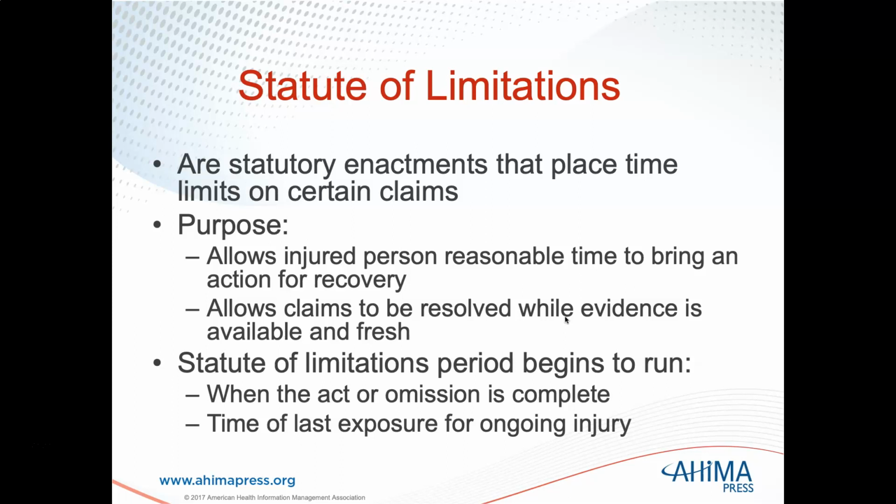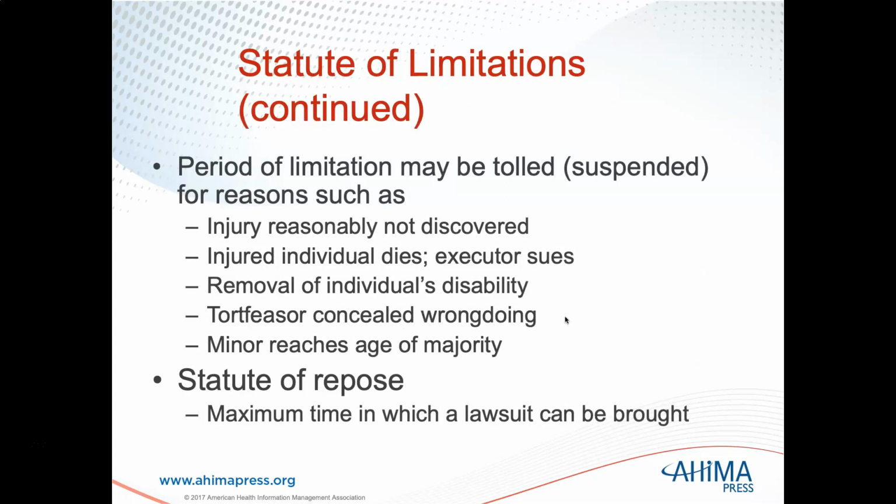The period begins to run when the act or omission is complete and at the time of the last exposure for ongoing injury. The period of limitation can be suspended or tolled for reasons such as the injury was reasonably not discovered, the injured individual dies and the executor sues, the removal of the individual's disability, maybe it reverses or it heals, the tortfeasor concealed wrongdoing, or the minor reaches the age of majority.